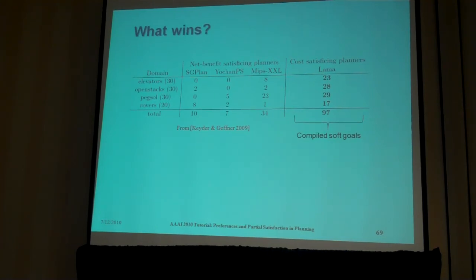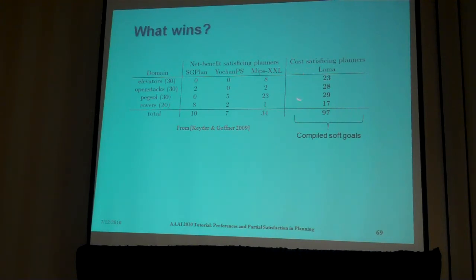So there was no planning competition for the satisficing track of net benefit in 2008 because there was only one competitor. And then MIPS XXL, this is the optimal version, so it's kind of depressing that this optimal planner looks like it's doing better.